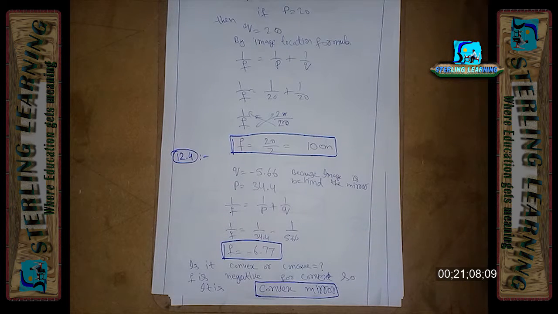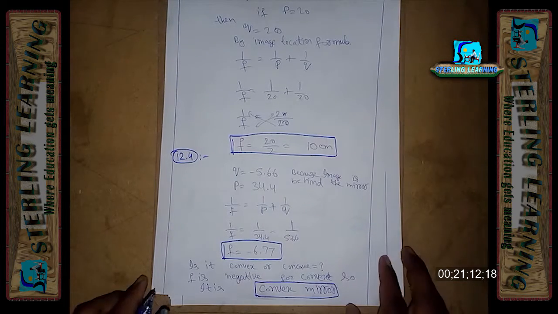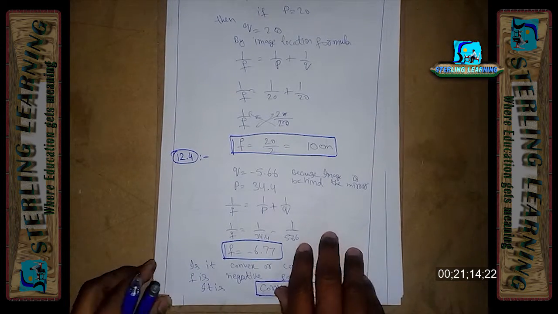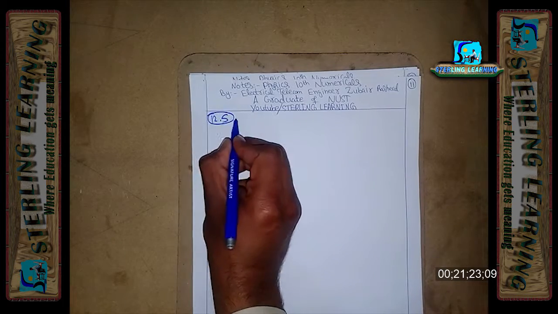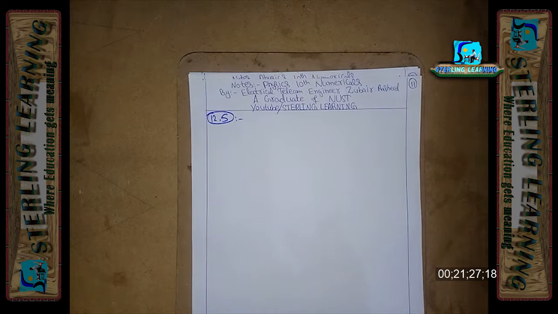Now 12.5, an image of statue. Okay, let's take the next page. An image of statue appears to be 11.5 centimeter behind a convex mirror with focal length 13.5 centimeter.